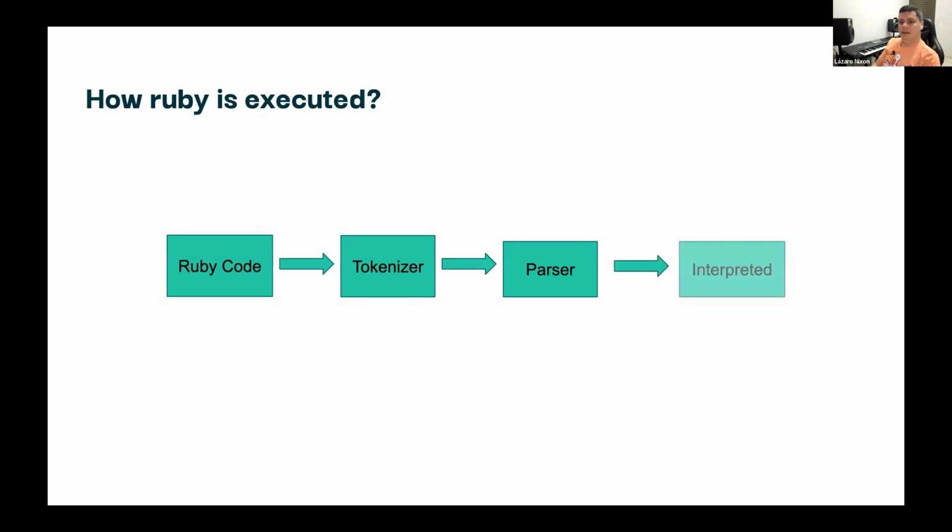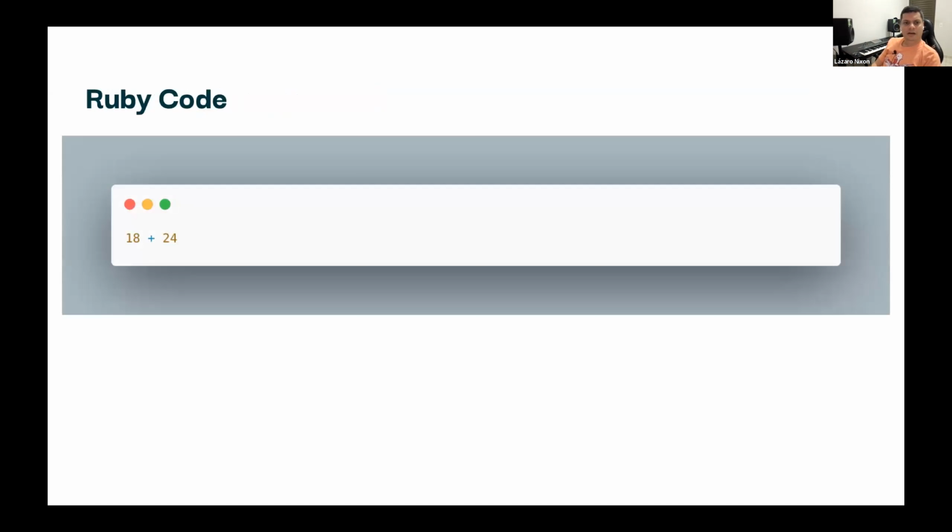And then it is interpreted by the Ruby interpreter. So if you are on Windows, you should have a ruby.exe to interpret your syntax tree. So on the next slides, I will show you how each of these phases works, right? So this is the Ruby code. So you have 18 plus 24.